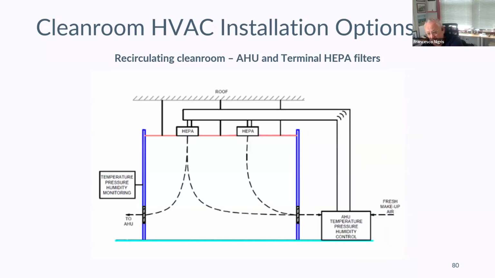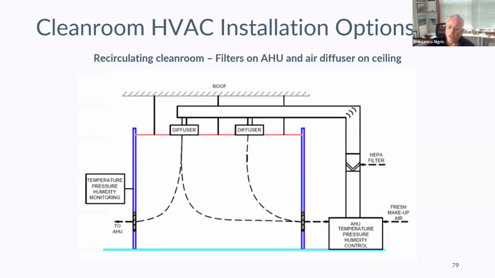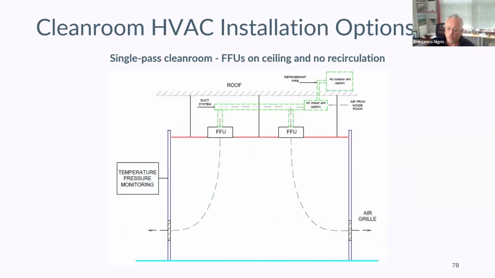The HEPA filters and the duct solution reduces the cost of the wall system because the wall is going to stay lower. You're using ducts above. Sometimes it's more flexible. Sometimes it's even cheaper. So going back to a solution where you're using fan filter units and a plenum, sometimes it's easier. Sometimes it is the way to go.